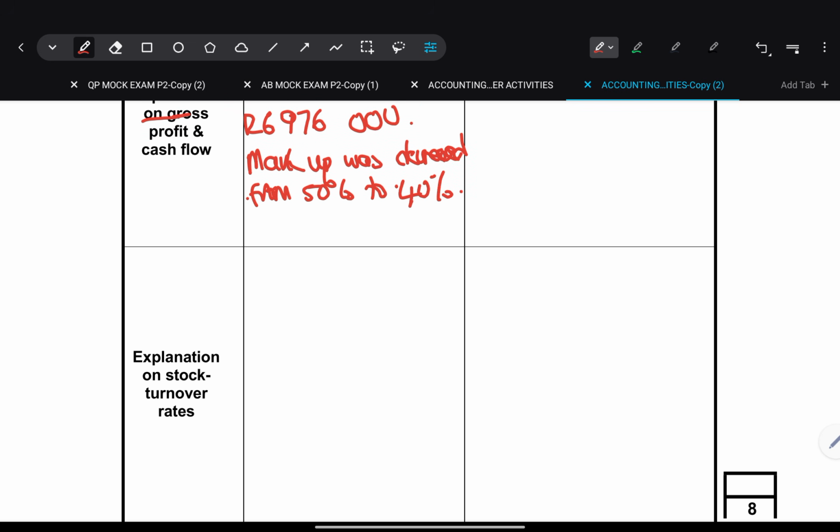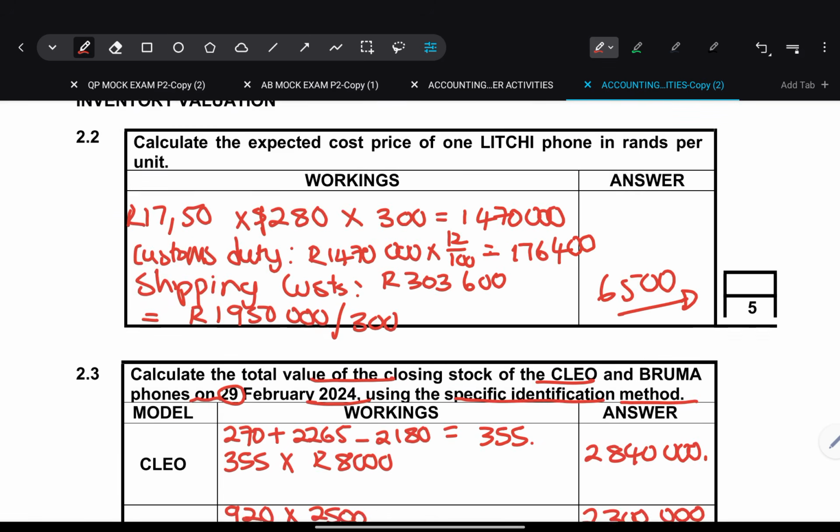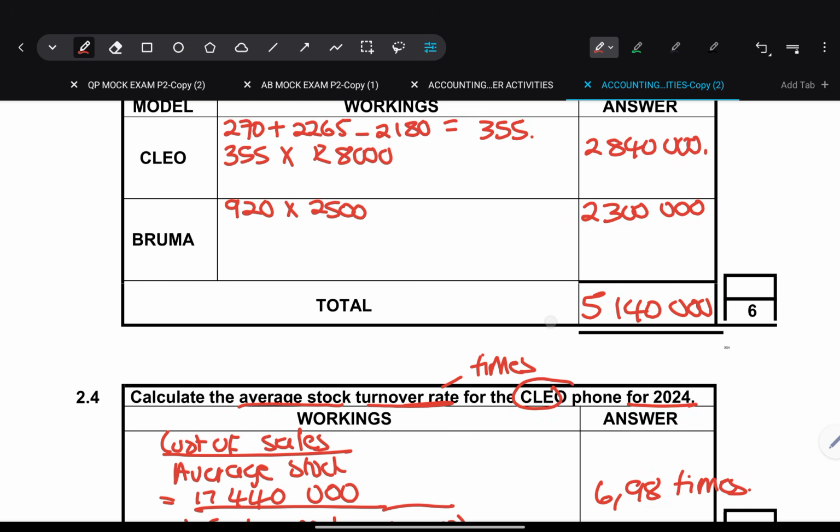So let's look at stock turnover rate. What happened to our stock turnover rate? If you check right now, stock turnover rate is 6.98 times.